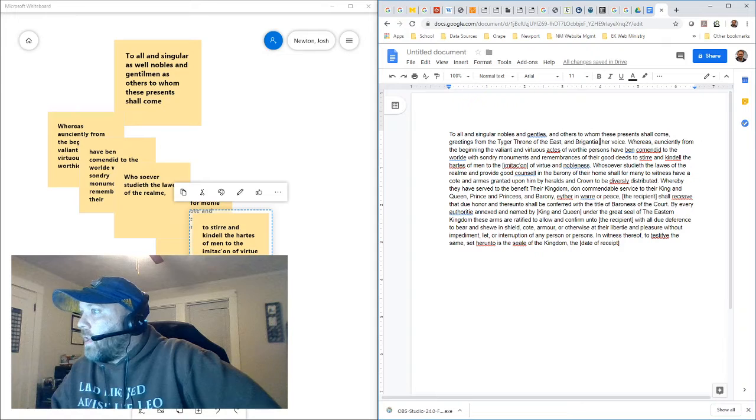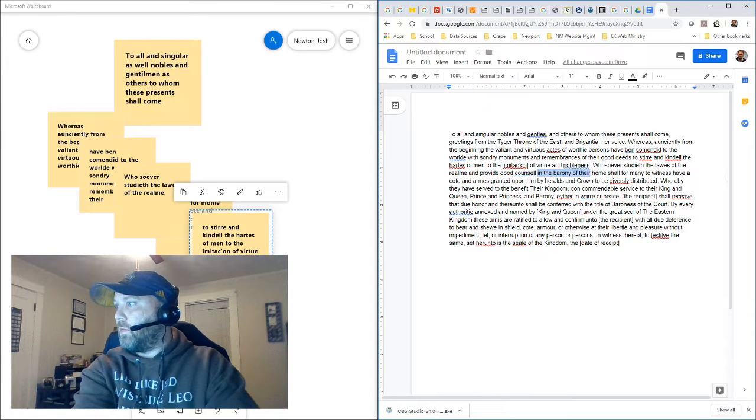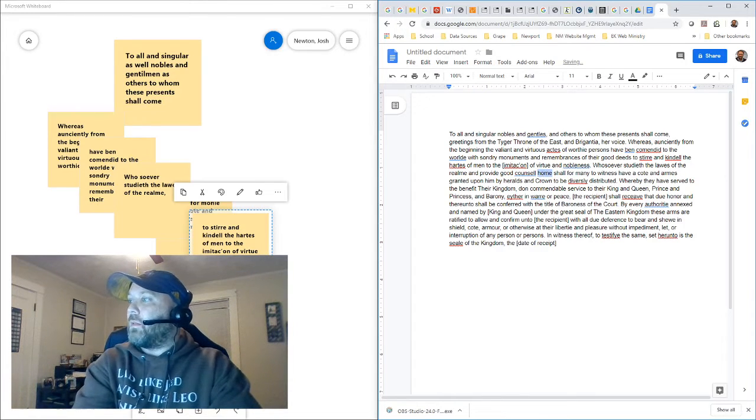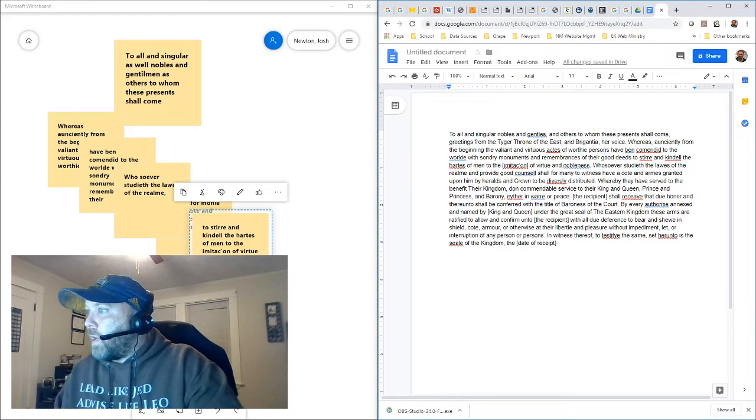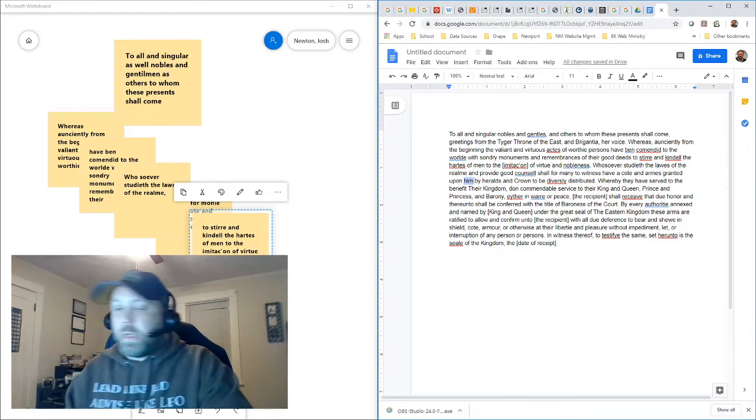Whosoever studieth the laws of the realm, I'm going to take out that good counsel, shall for many to witness have a coat and arms granted upon them.